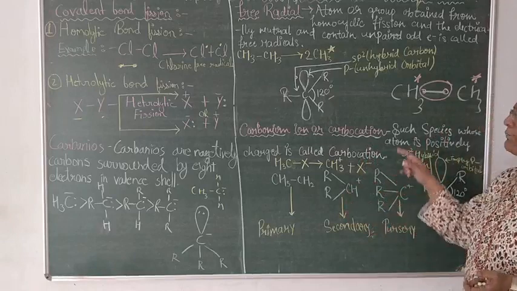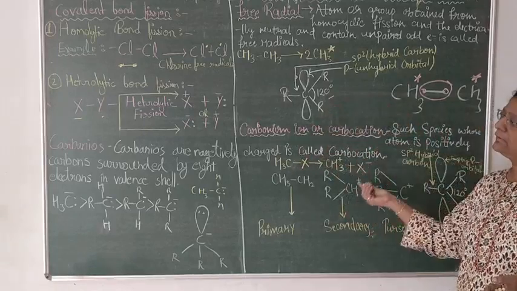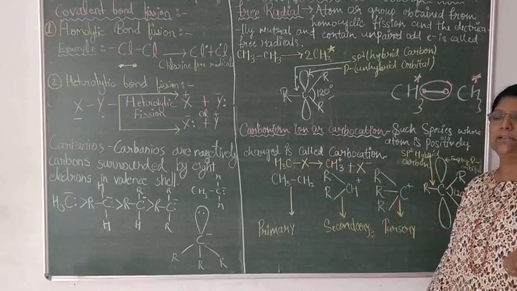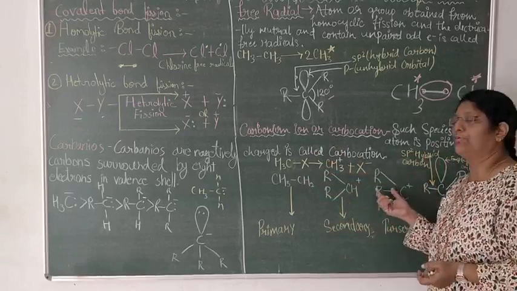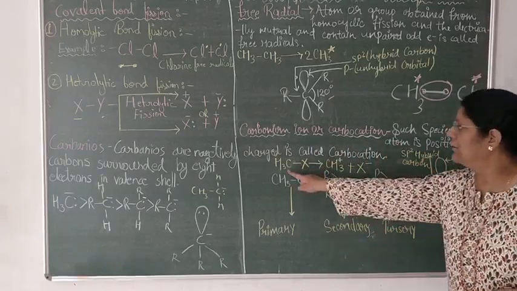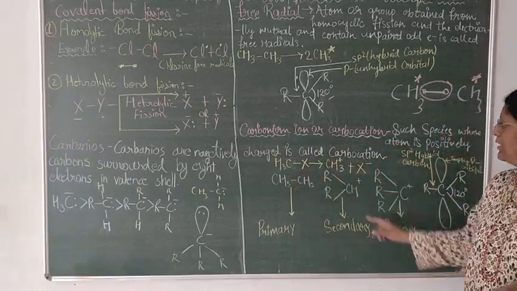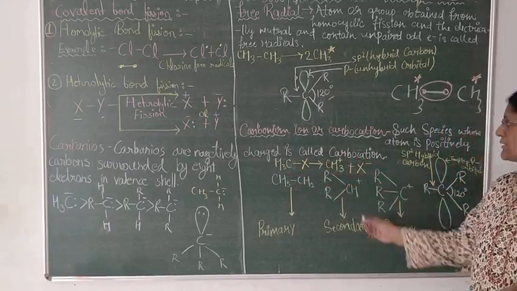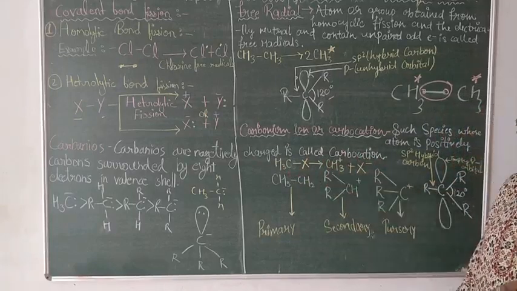Now we are coming to carbocation, then carbanion. If any compound releases an electron pair, converting itself into a positive ion, it is considered a carbocation. This is CH3X. CH3 has become positively charged, X has become negatively charged. So it is considered a carbocation.